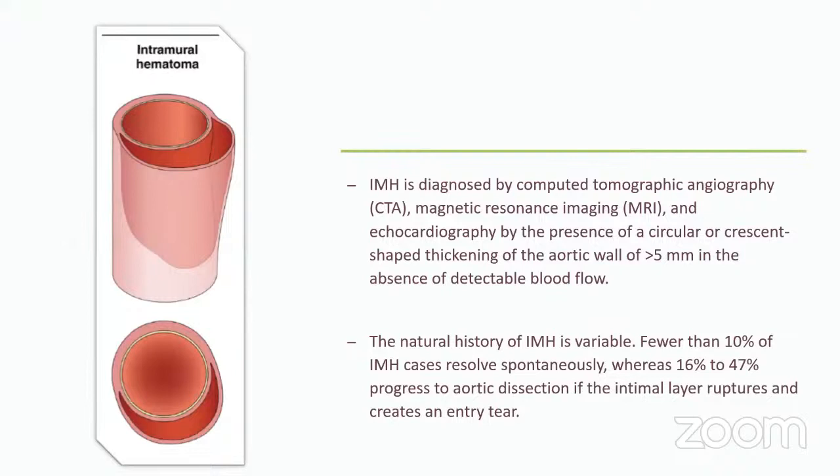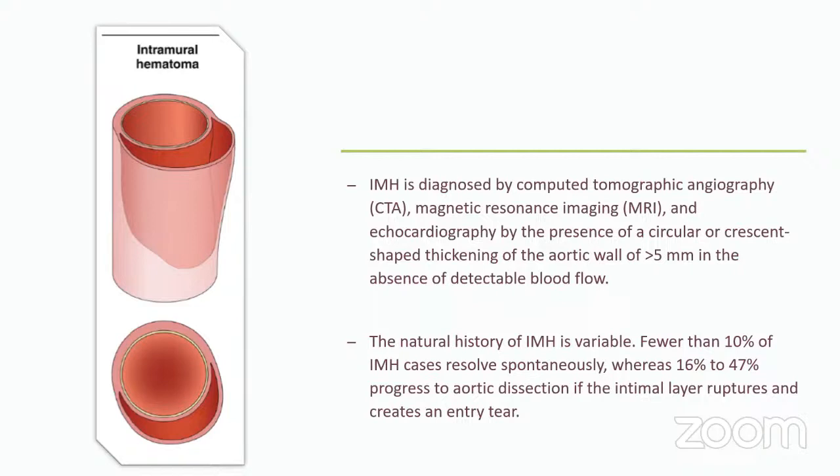The intramural hematoma is diagnosed by CTA, MRI, and echo by the presence of a circular or crescent-shaped thickening of the aortic wall of more than 5 millimeters in the absence of detectable blood flow.